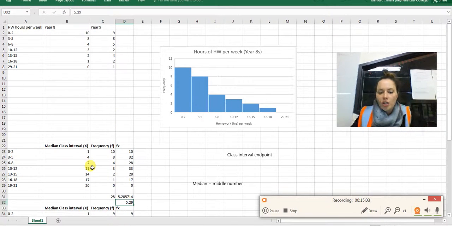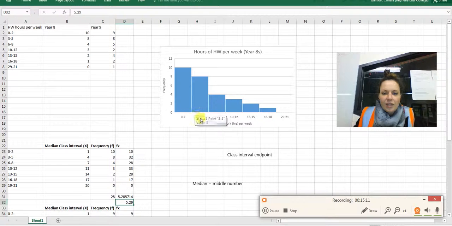But what you do is you take your highest score, subtract your lowest score, and that's your range. So here, we're going to have to use our endpoints. For example, the range here, we would effectively go 0 take 18, so our range is going to be 18.